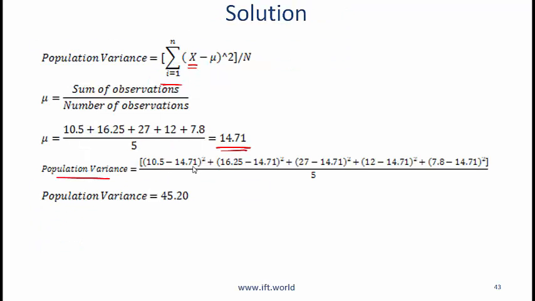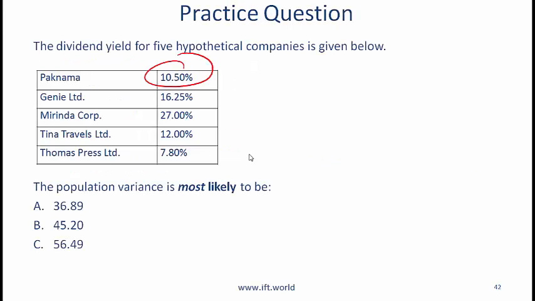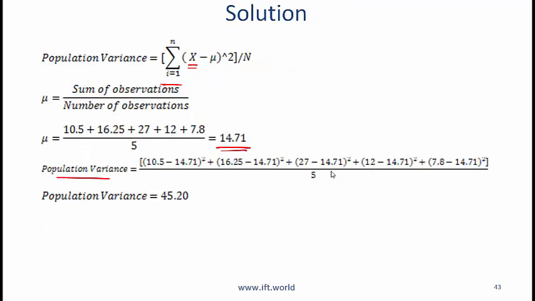minus 14.71, which is the mean, and then we square that, and we do the same for all the other values, these numbers, and then we add up those numbers and divide by 5 because we have 5 observations, and we then come up with the population variance.